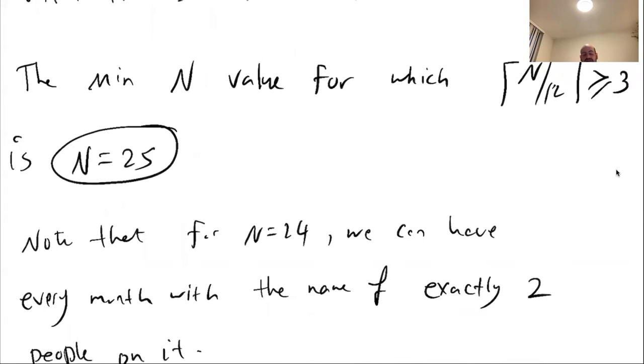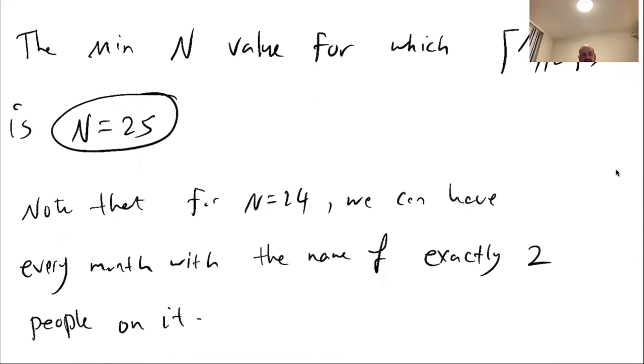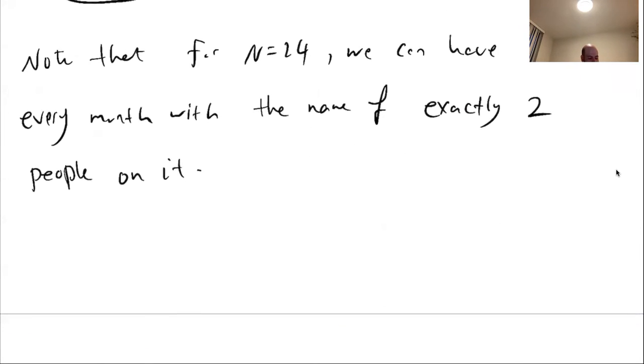And 25 is really the minimum, because with one less, which is 24, we can distribute them so that every month contains 2 people. So we cannot have a guarantee of at least 1 month with 3 people with 24 people, right? In order to have a guarantee, 24 is not enough. But with 25, we have a guarantee by the generalized pigeonhole principle.